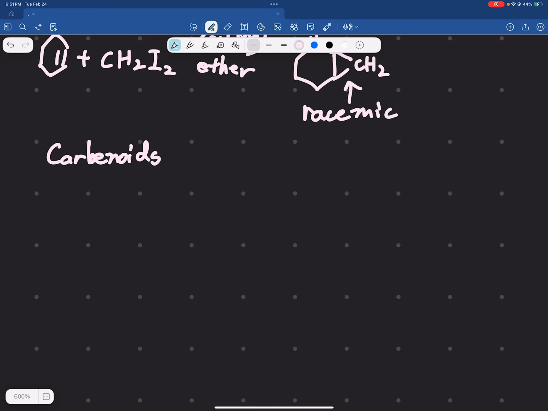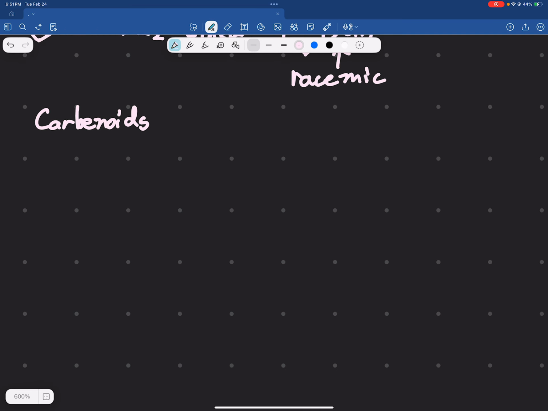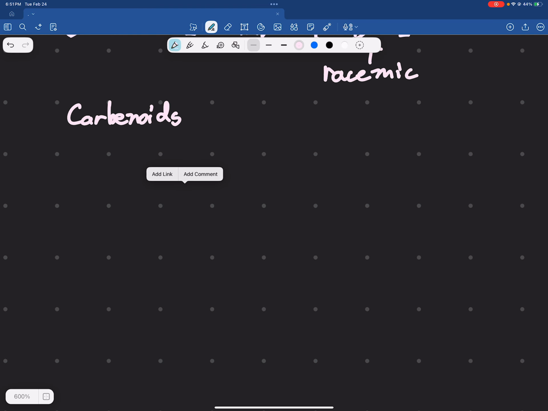So the mechanism of action for the Simmons-Smith reagent is going to look something like this, if we were to have, say, that there.